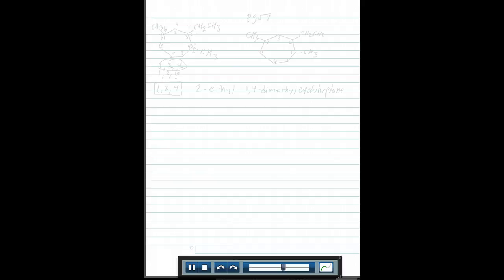Now what happens if you have more than one group? So let's do a 7-membered ring. Those sometimes are hard to draw. Okay. I'm going to take the example out of the book because I think they explain it very well in the book. I'm going to explain it like how they explain it in the book.